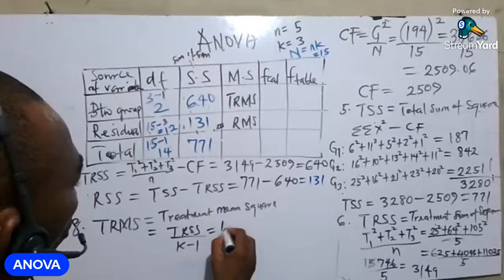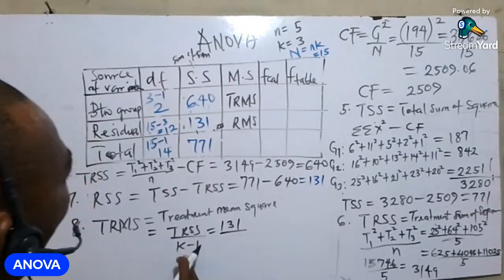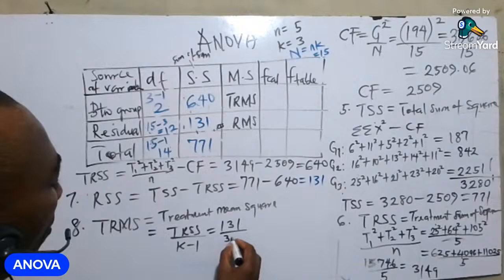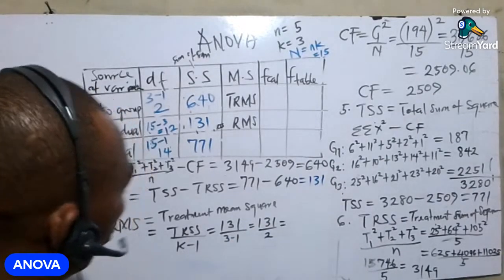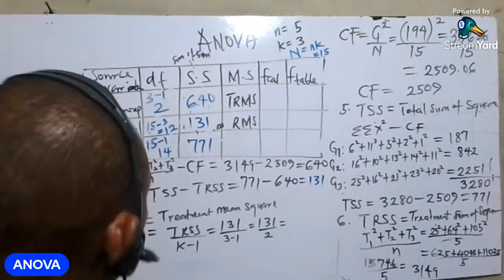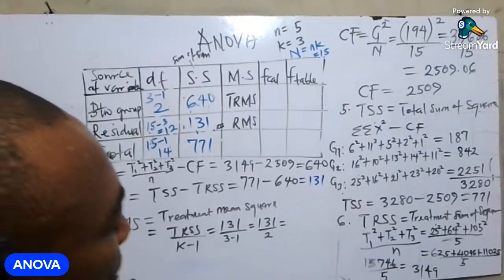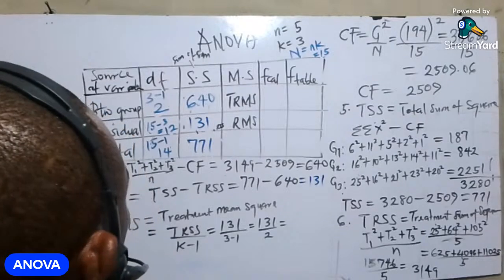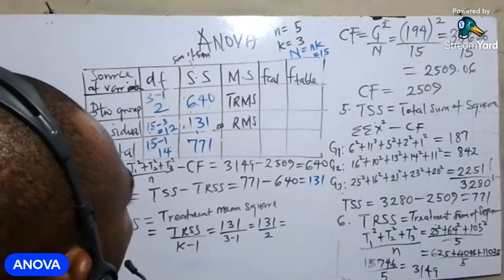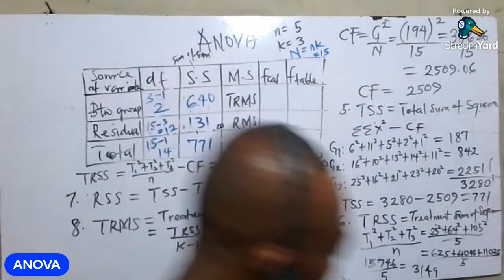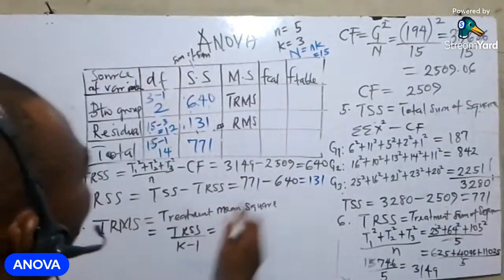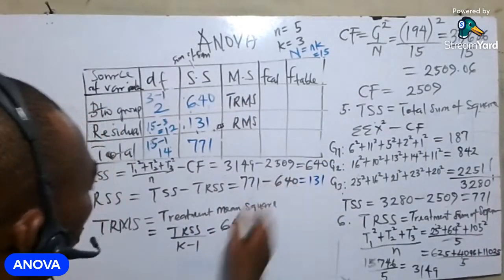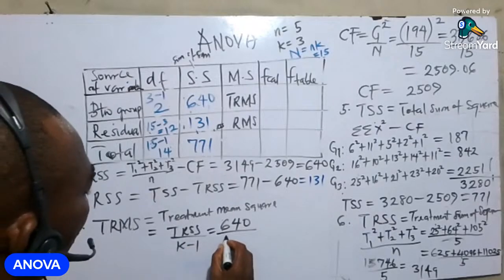Sorry, let's look at it here. There is a mix up there. So the TRSS is 640. To be divided by our K, which is 3 minus 1. So that is 640 to be divided by 2.